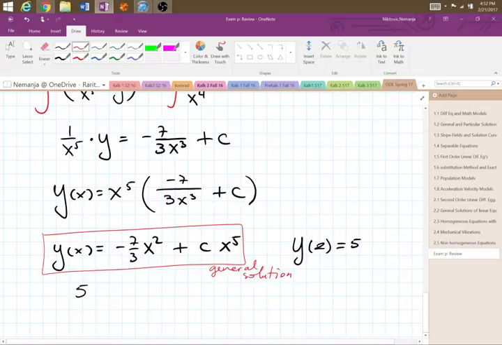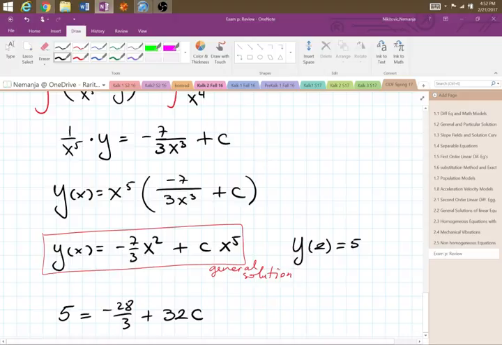So we all know that. And now I will plug in the initial conditions. So y of x, that's a 5, is equal to, and then you have 2 squared of 4, negative 28 over 3, plus 2 to the 5 is 32, 32c. From where you can calculate c. That's 15 and, what's 15 and 28?